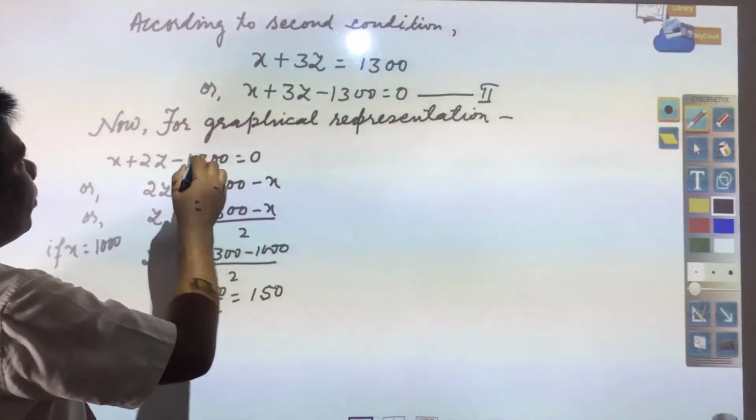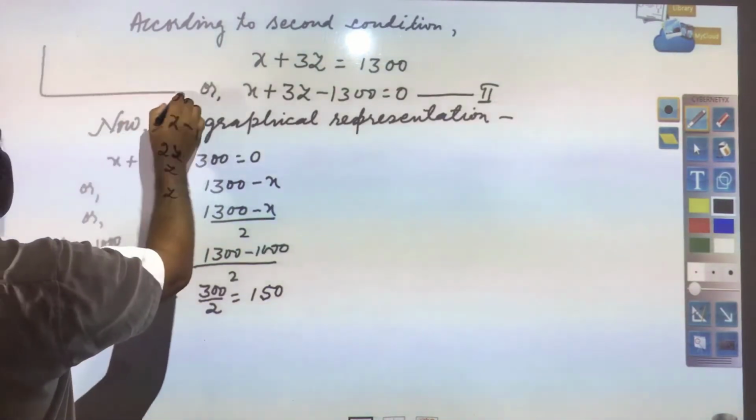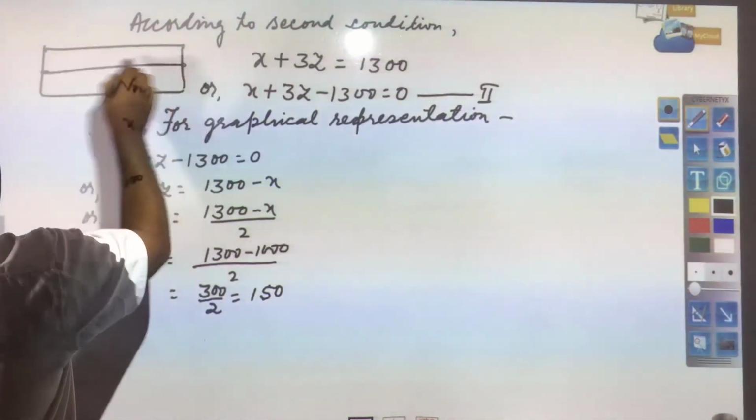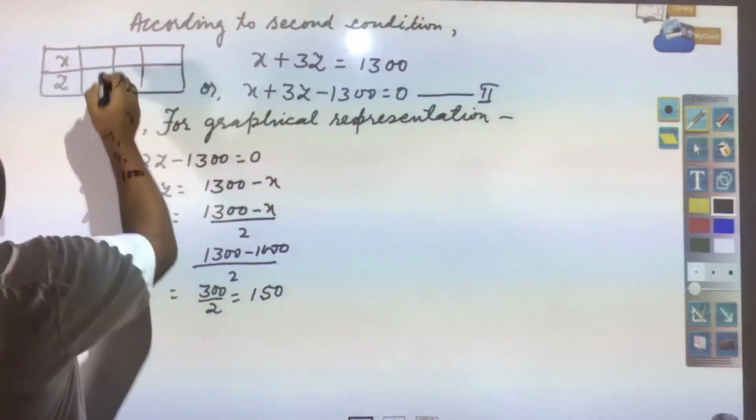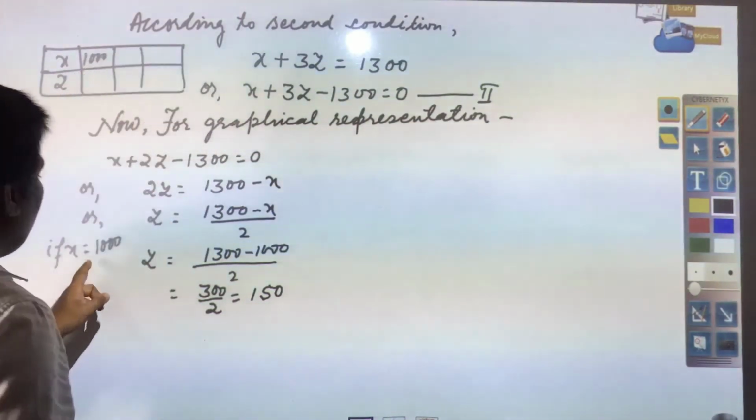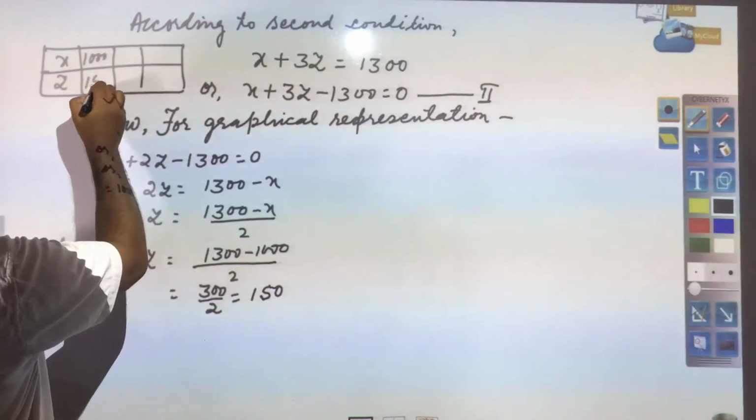So, when you form your table of x and y, when you assume x is equal to 1000, your y is 150.